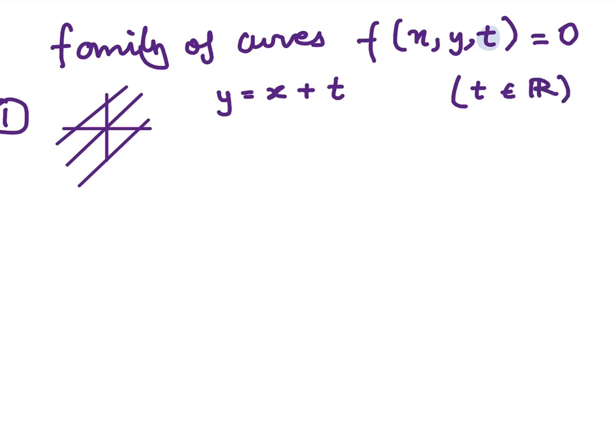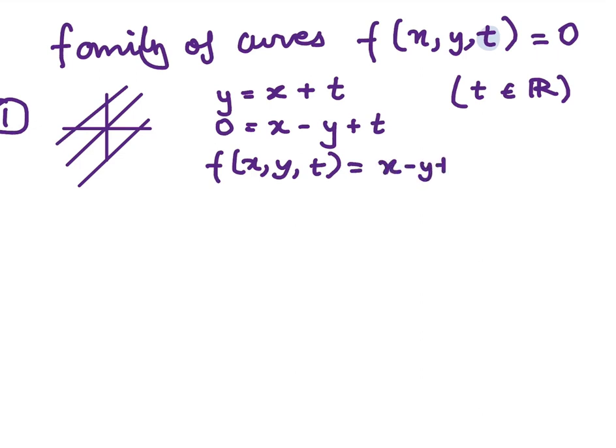So this is not in family form just yet, so I'm going to do a bit of rearrangement. Move the y over. Now one of our sides is equal to 0, so it's in family form. F of x, y, t is equal to x minus y plus t. And this describes a family of lines that are parallel to one another with gradient 1.